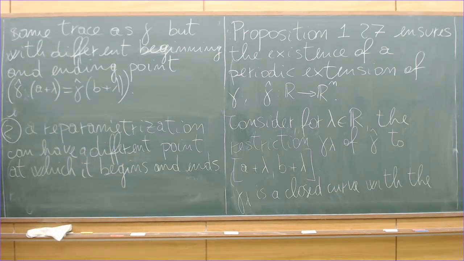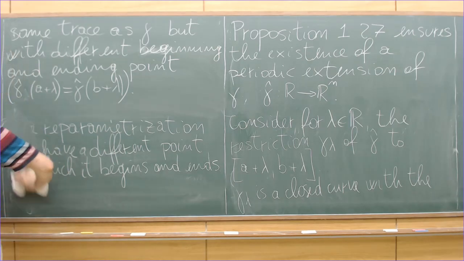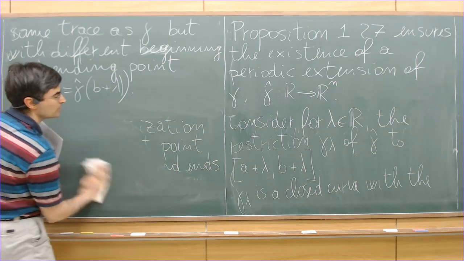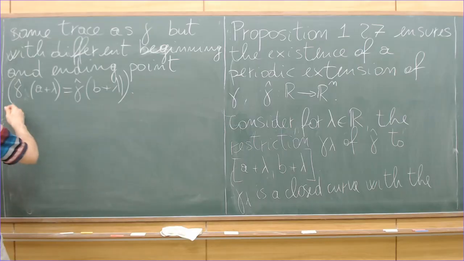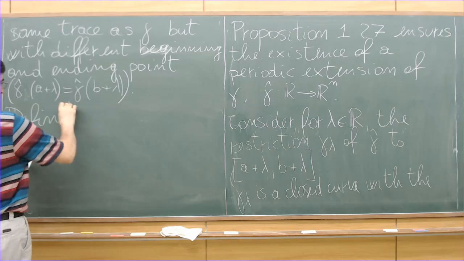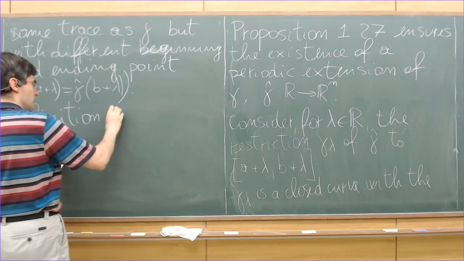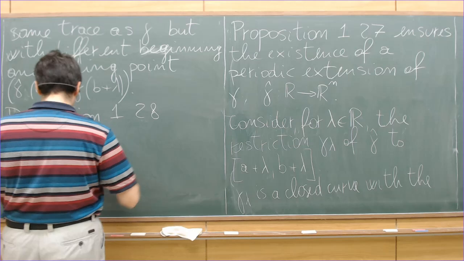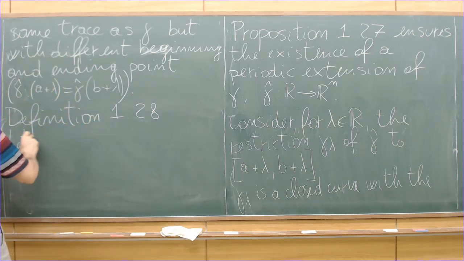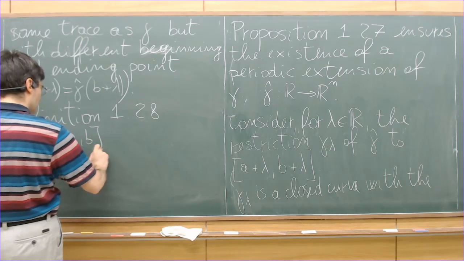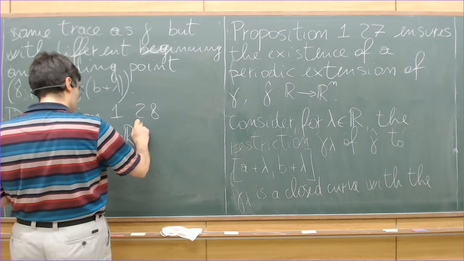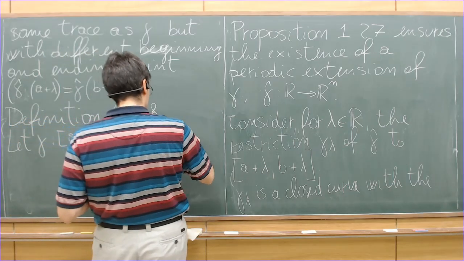So we are now ready for giving the definition of reparametrization for a closed curve. Definition 1.28. Let gamma defined on [a,b] with values in R^n be a closed curve.